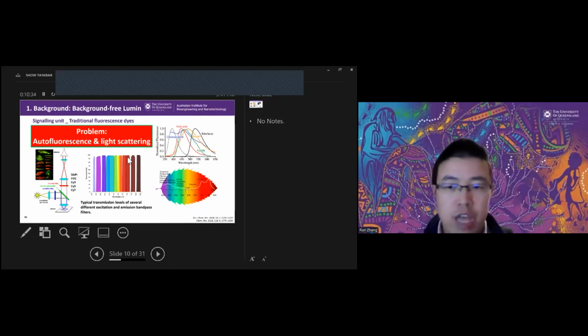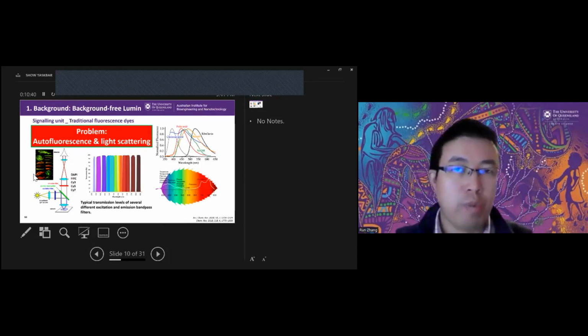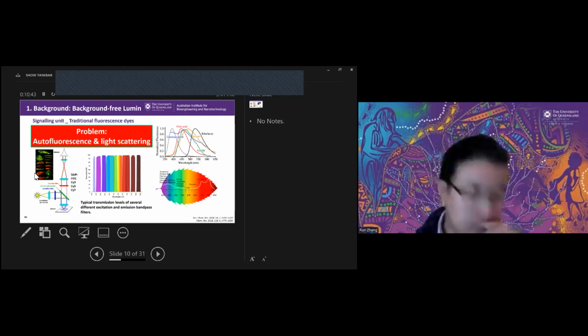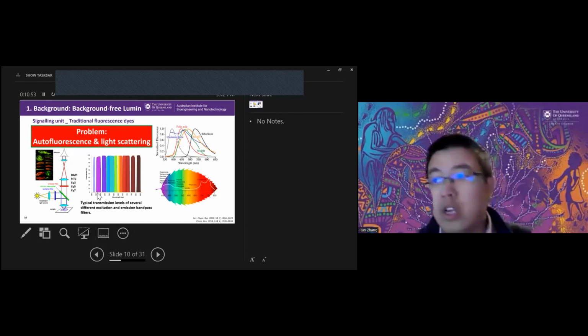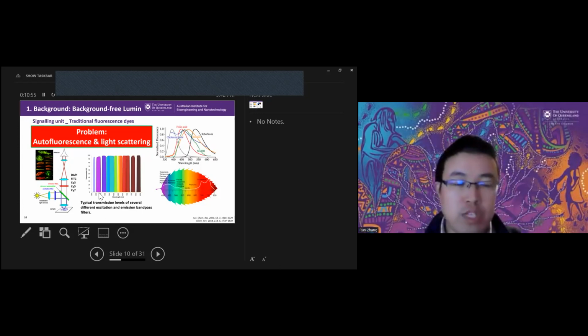So normally, what we can do currently is use a filter on the microscope or spectrometer. For example, if we are using this filter, only the emission in the range from 350 to 400 can pass through, but other signals will be blocked.